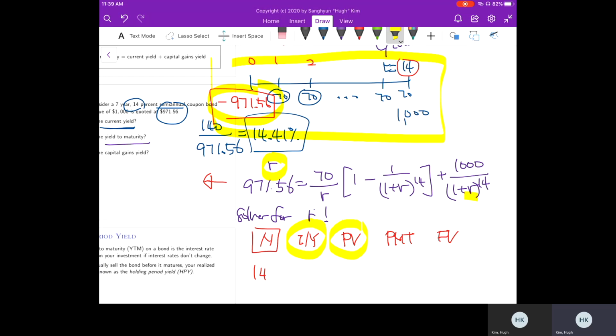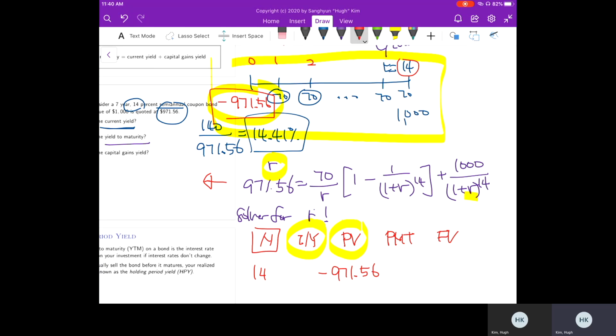And the financial calculator makes distinctions between cash outflows and cash inflows, so you have to input the signs of cash flows correctly. In this case, for the present value, you have to input negative 971.56, because from the investor's point of view, when the investor buys the bond, the investor pays this price.